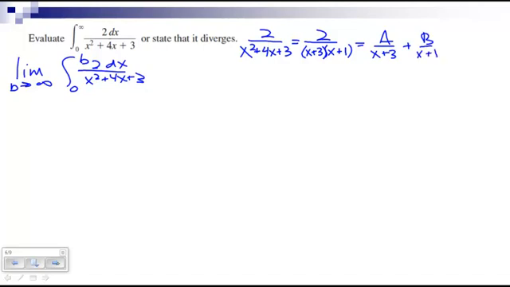How many people are going to get this partial fraction decomp done before I get it done? No, you're not. Oh, dang it.